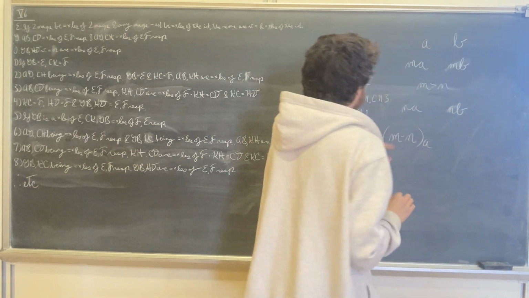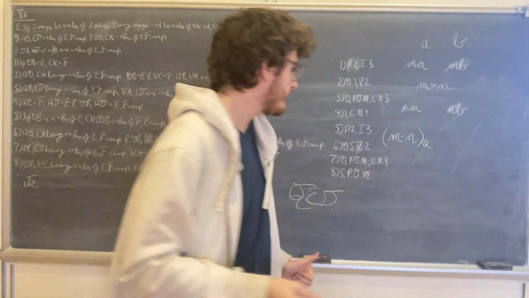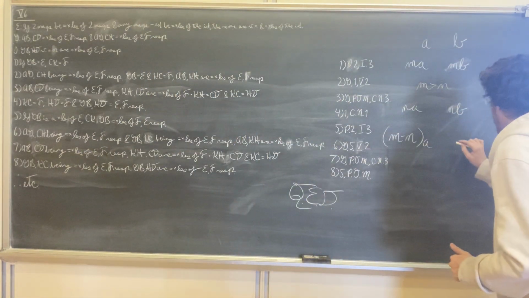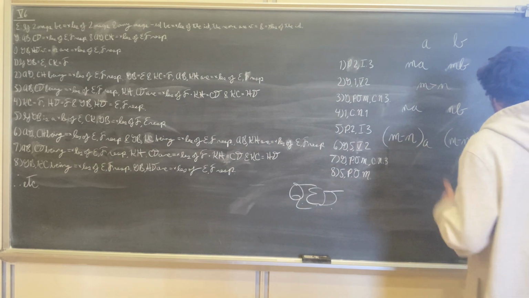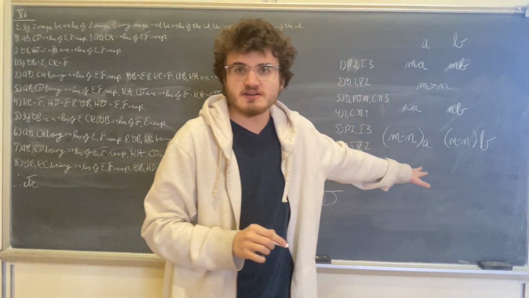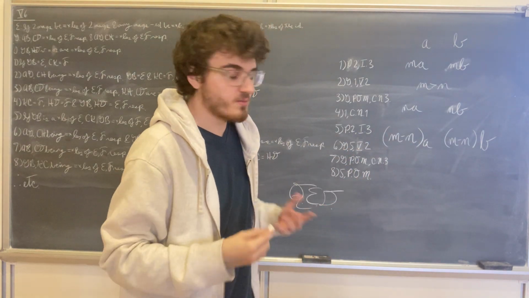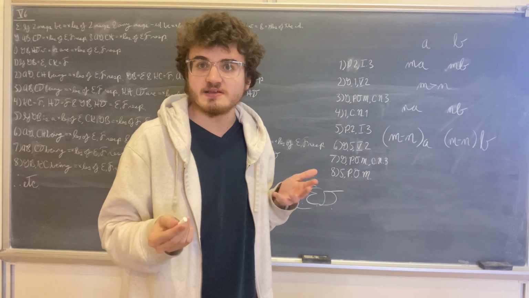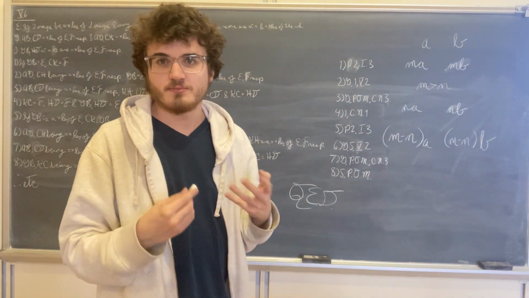If we subtract MA minus NA, that's going to be (M minus N)A. And if we subtract NB from MB, that's going to be (M minus N)B. What we've proven is that these remainders here are also equal multiples of A and B, namely that they are M minus N multiples of A and B.